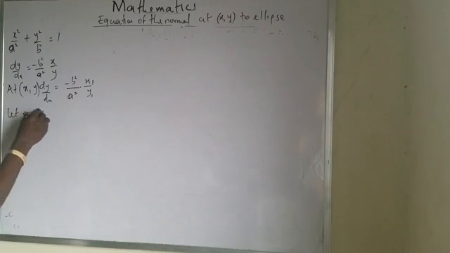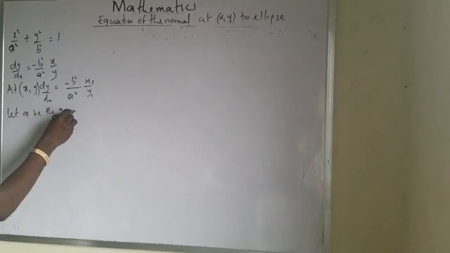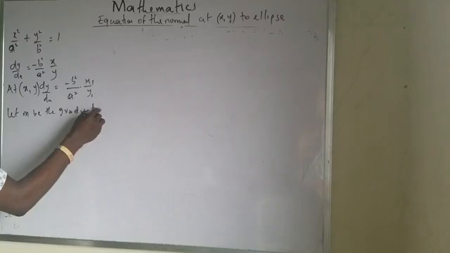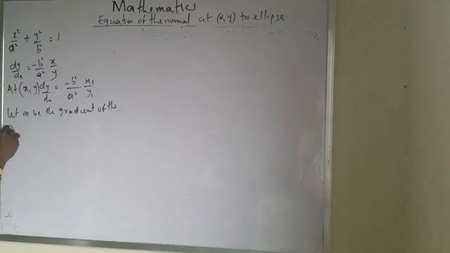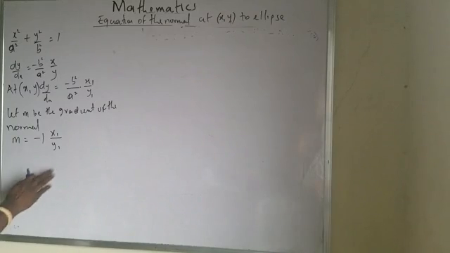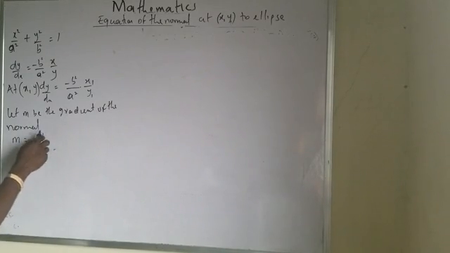Now, let m be the gradient of the normal. It means my m will be equals to minus 1 over dy dx.